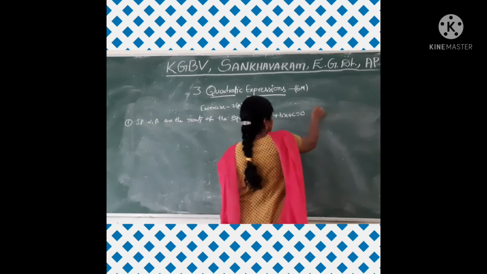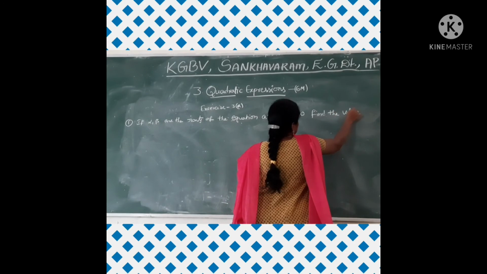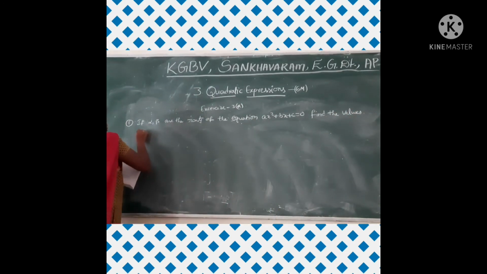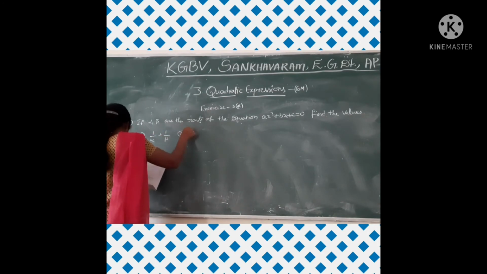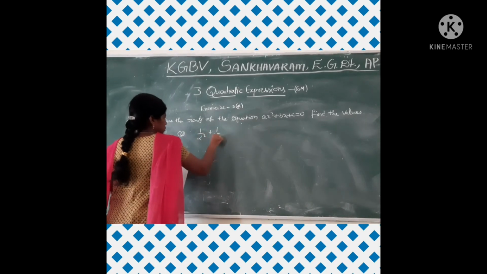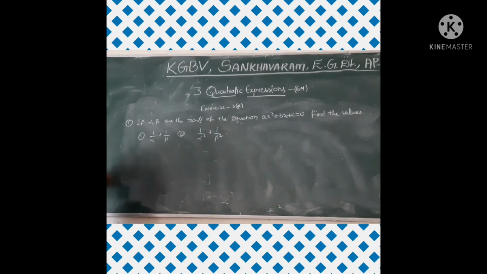Find the value of one by alpha plus one by beta, and second, one by alpha square plus one by beta square. These are 2 marks questions, we get them in the exam also. So, solution.